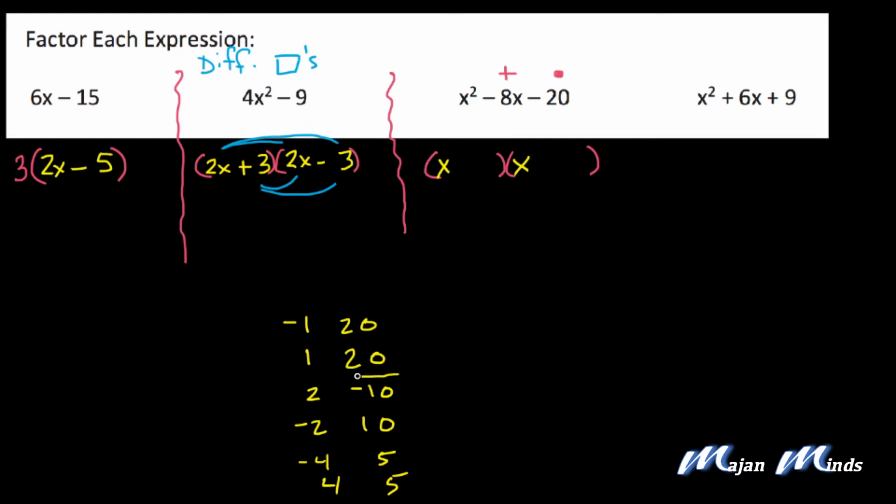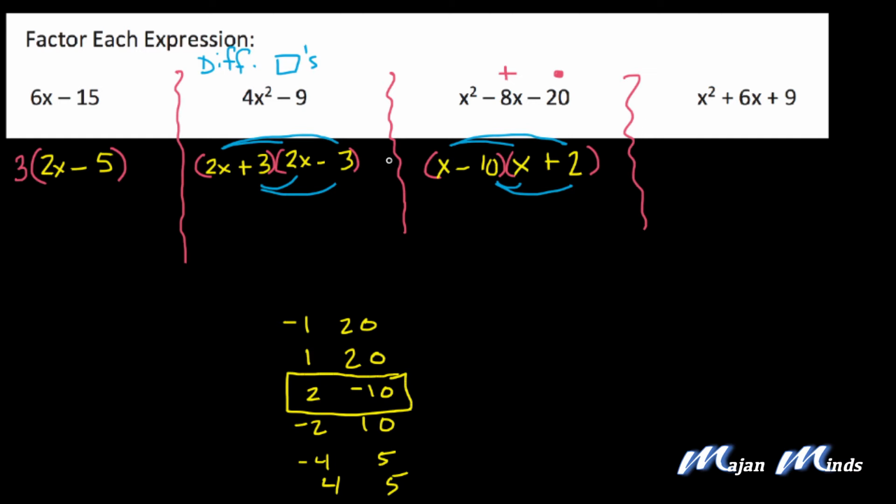And if you look right in here, these 2 will add to give us minus 8. So we're going to put minus 10 and plus 2. And again, I would encourage you, expand these brackets and you will see that when you expand them, you're going to get this.